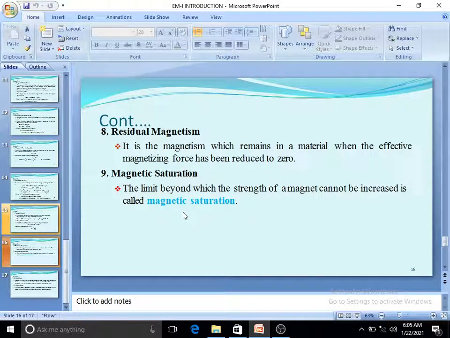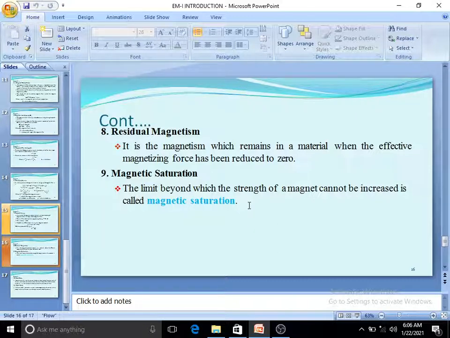So how do we define magnetic saturation? The limit beyond which the strength of the magnet cannot be increased is called magnetic saturation. Already I have said that if you want to increase the strength, we need to pump more current or increase the number of turns. But how many turns do we need?